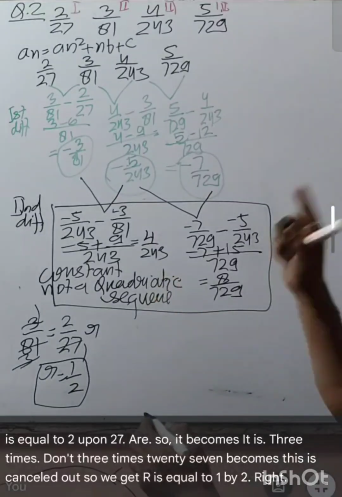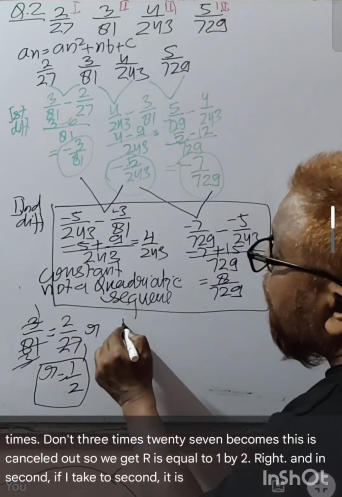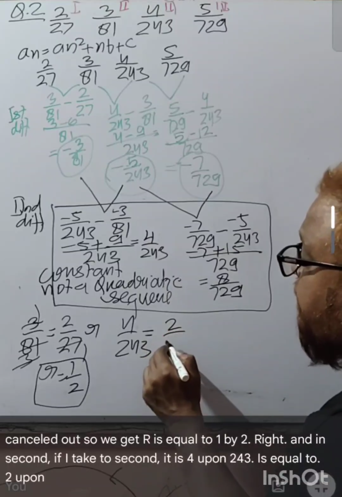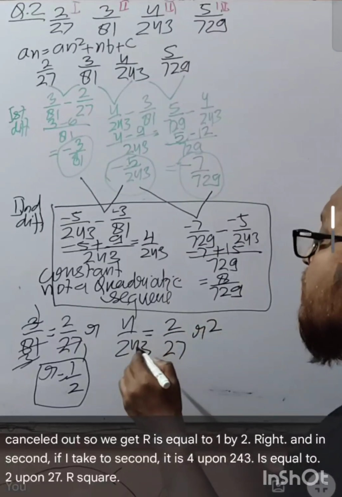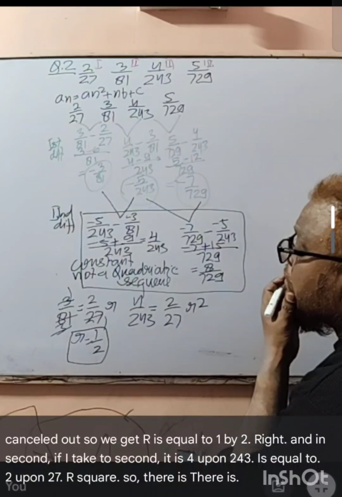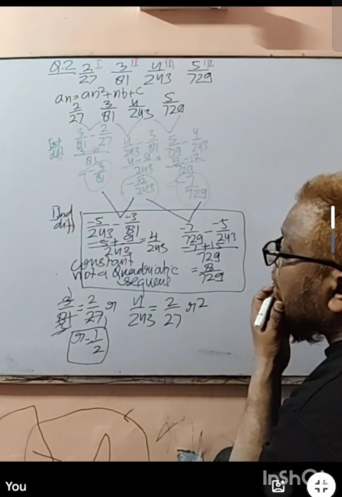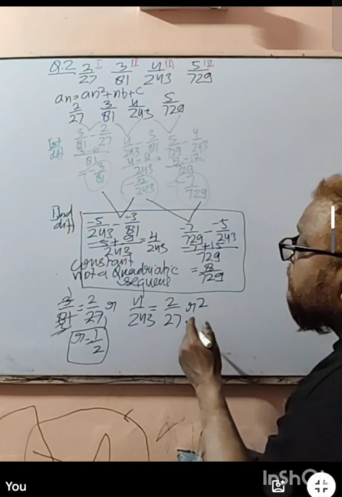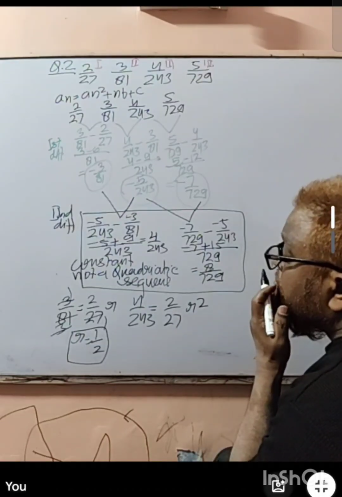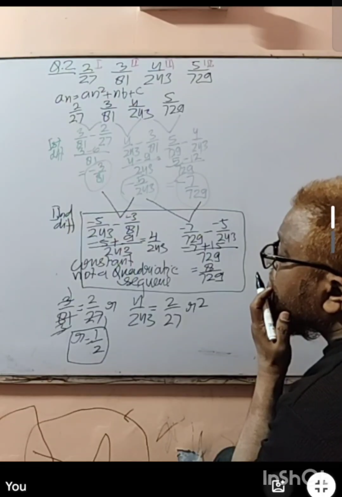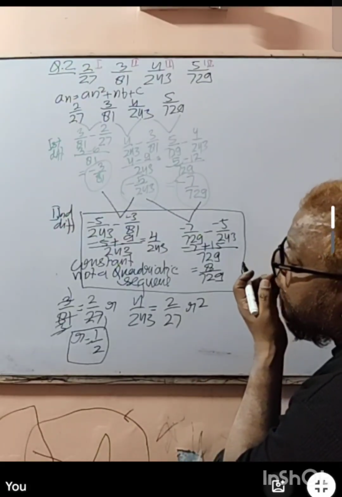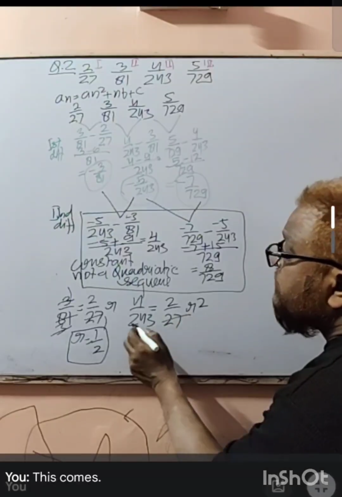Right? And in second, if I take the second term, 4 upon 243 is equal to 2 upon 27 r square. So this comes 3 times 9 times.